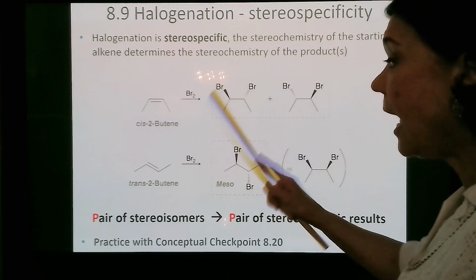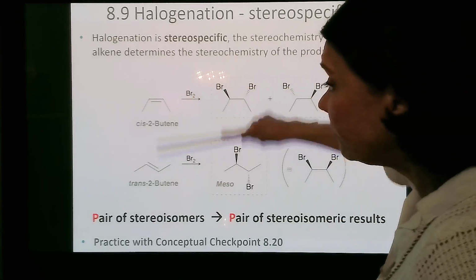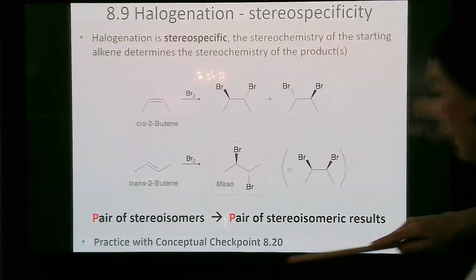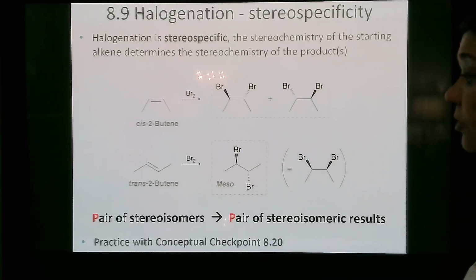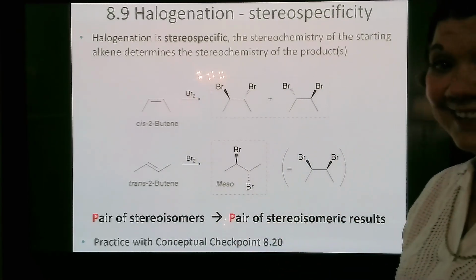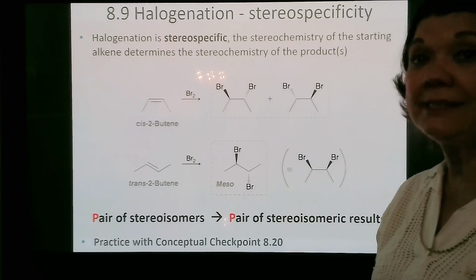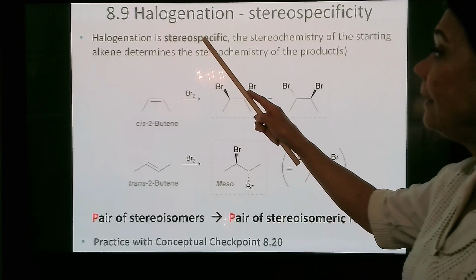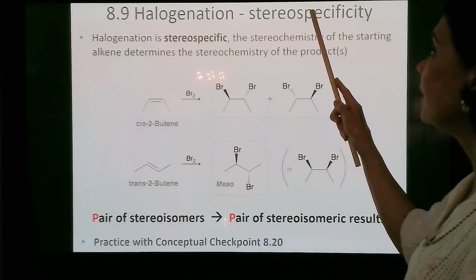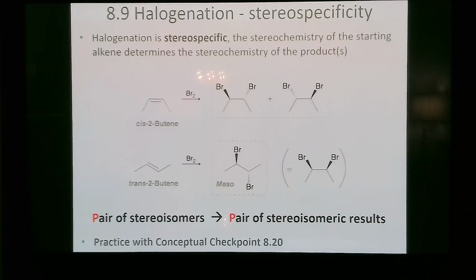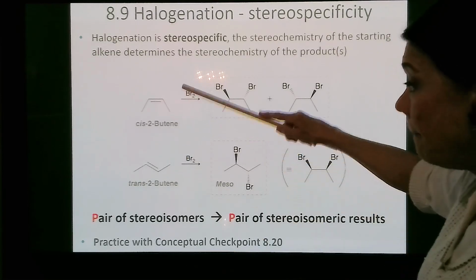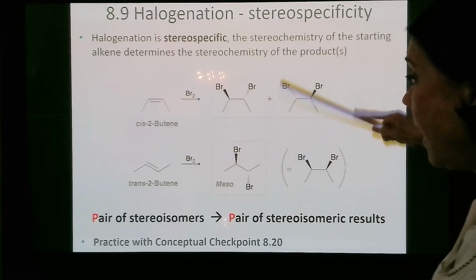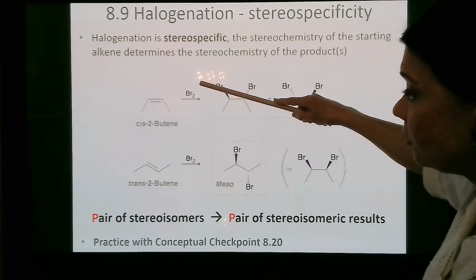But in this case, you have a pair of stereoisomers leading to a pair of stereoisomeric results. So the S is for stereospecific, okay? So this is another example of stereospecificity: a pair leading to a pair under the same reaction conditions.